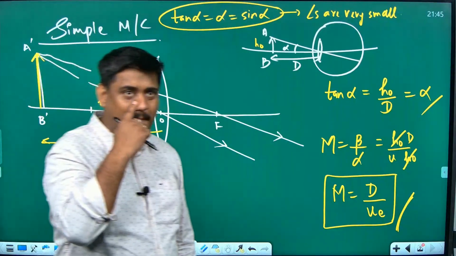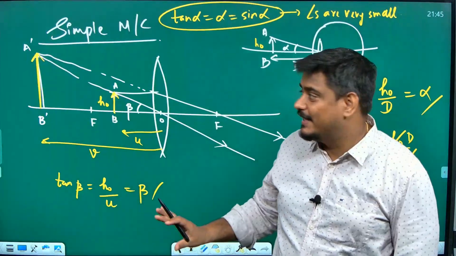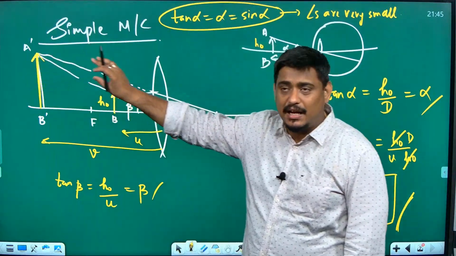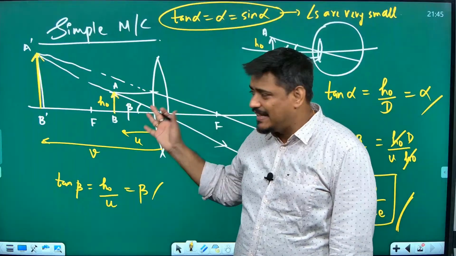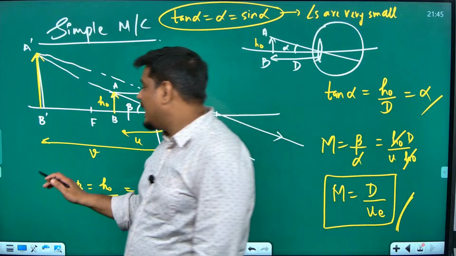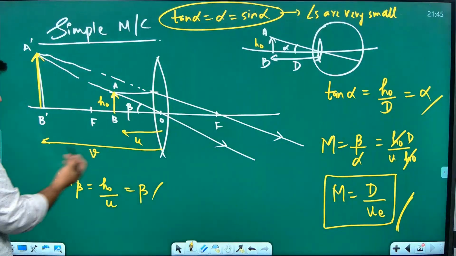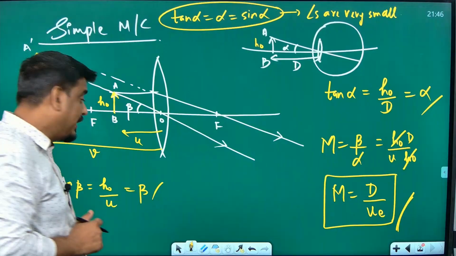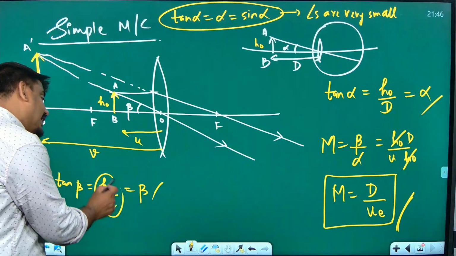Am I right? Yes. See, luckily here, the angle subtended by the final image and the angle subtended by the object are the same. Are you able to feel that? So, if somebody is taking HI by V, they are also right, they are not wrong. Then I will get a different expression. If you are writing for tan beta HI by V, then also you are right, and if you are writing HO by U, then also you are not wrong.